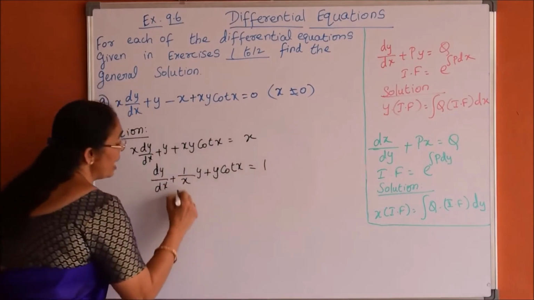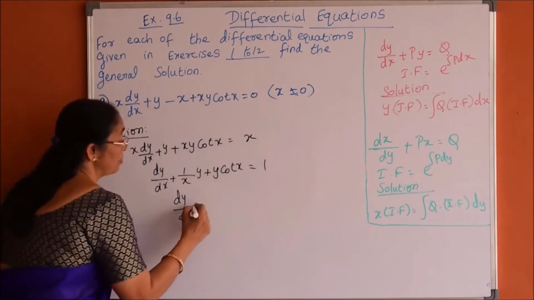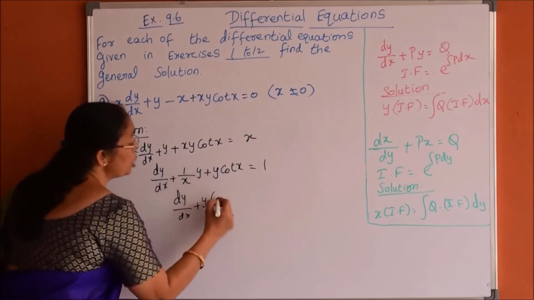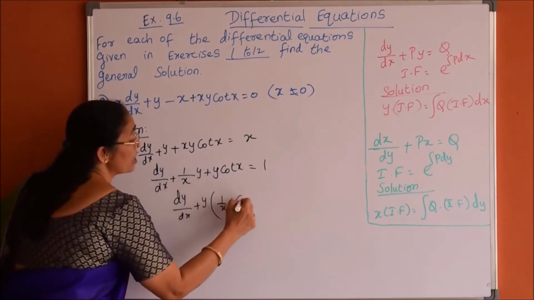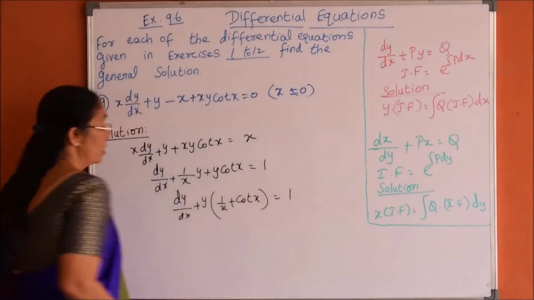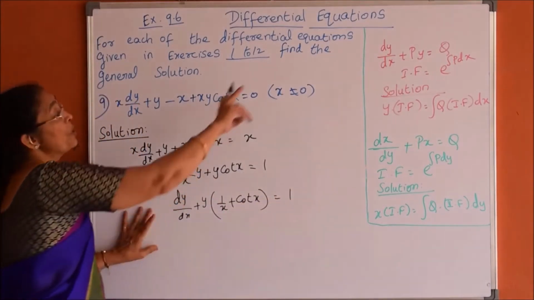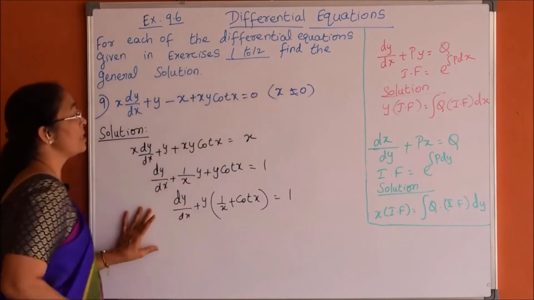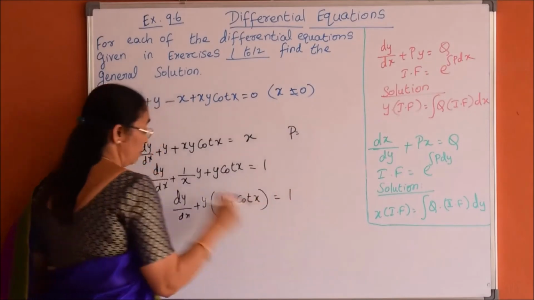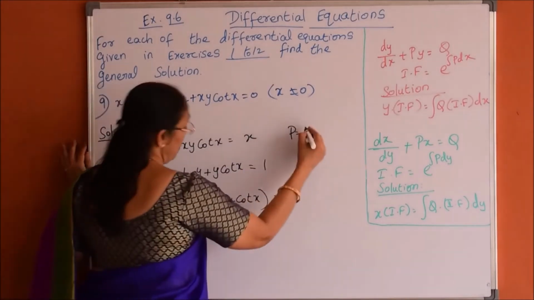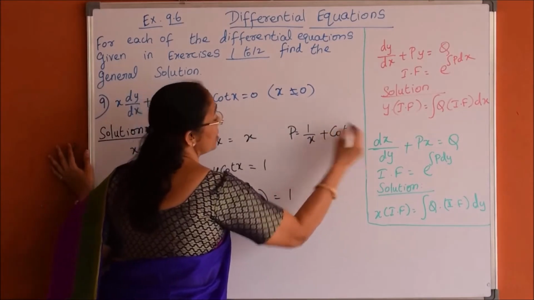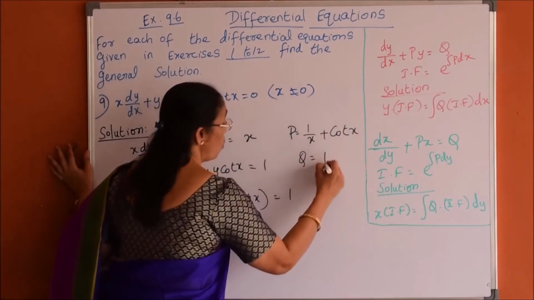Now dy by dx plus, taking y common outside, y into 1 by x plus cot x is equal to 1. So it is of the form dy by dx plus py is equal to q, where our p is 1 by x plus cot x and the q value is 1.